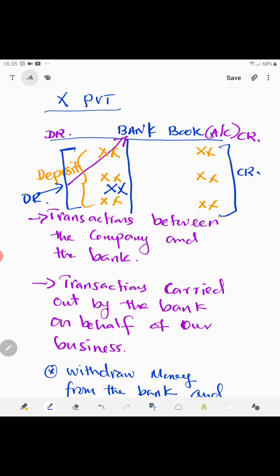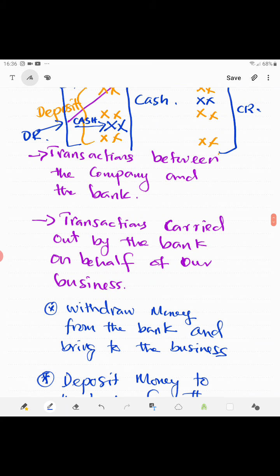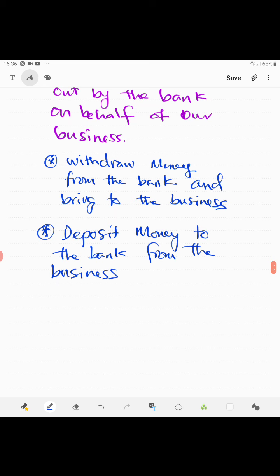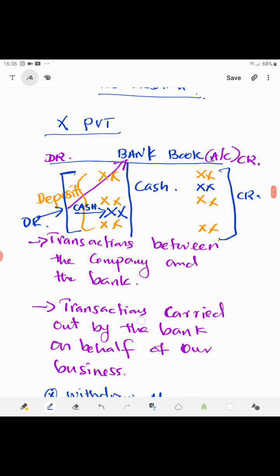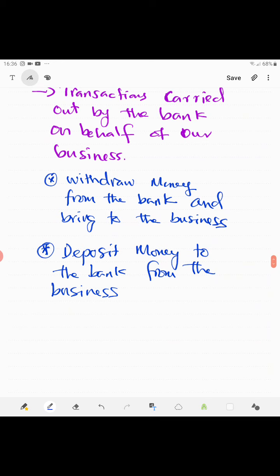If we deposit, we will write the narration here, cash. And if we withdraw, we will again write the narration here, cash. These types of transactions are known as contra, and the record keeping happens in the same book. These are situations common in our own book, and this is part of our double entry.